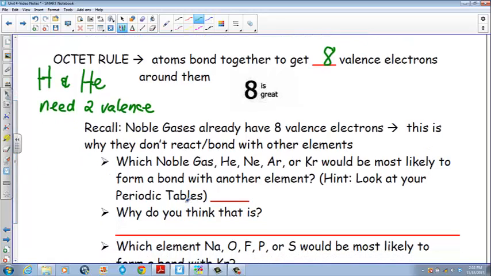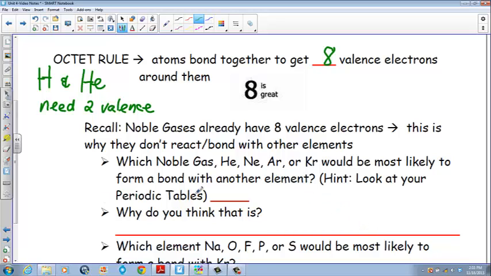So which noble gas, helium, neon, argon, or krypton, would be most likely to form a bond with another element? What you need to do right now is take out your periodic tables, and I would look at the oxidation states, and maybe it will tell you how many electrons are given up or gained.